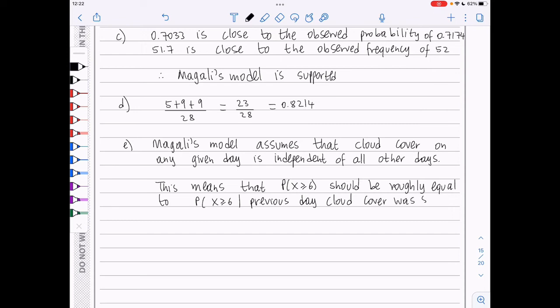So in other words, being revealed that the previous day's cloud cover was 8 tells you nothing about the probability of cloud cover on the next day being 6 or more.